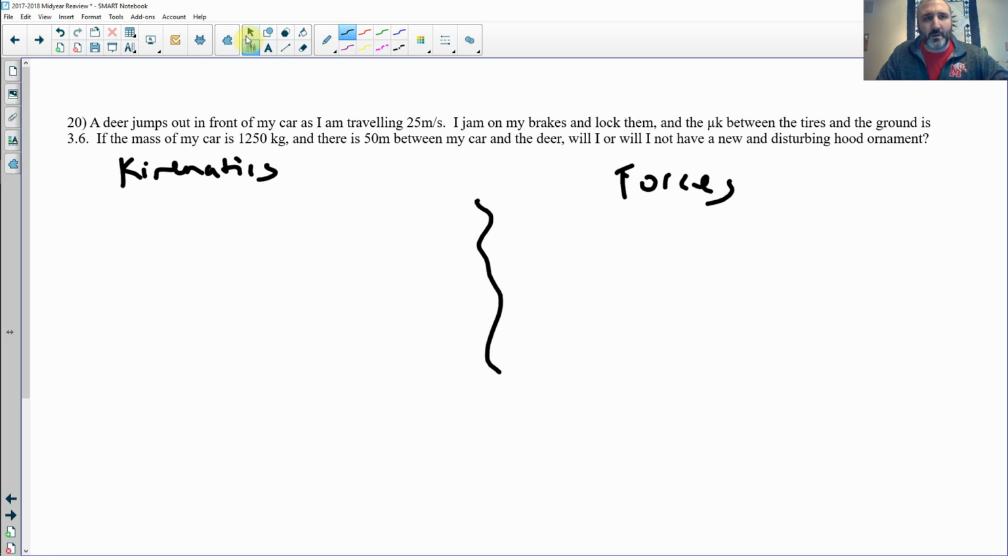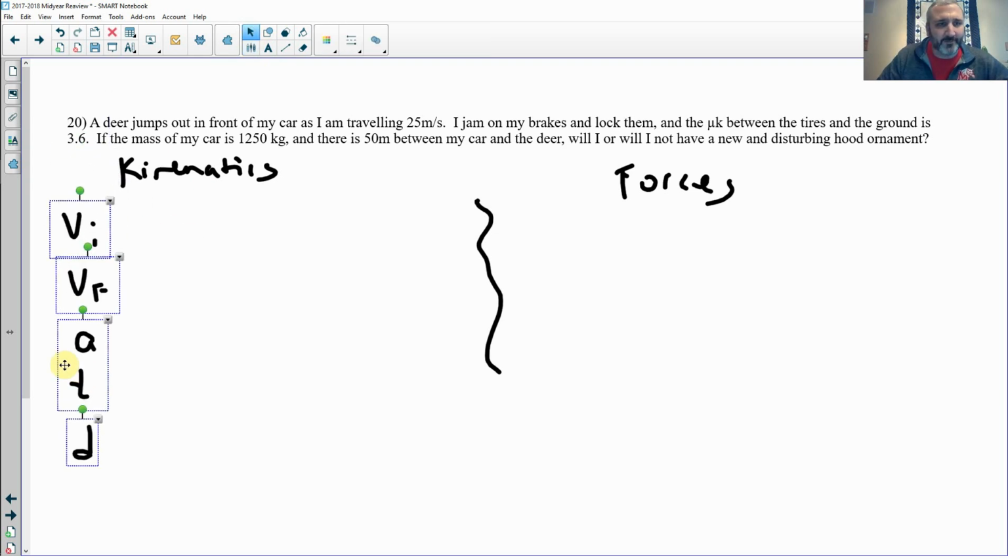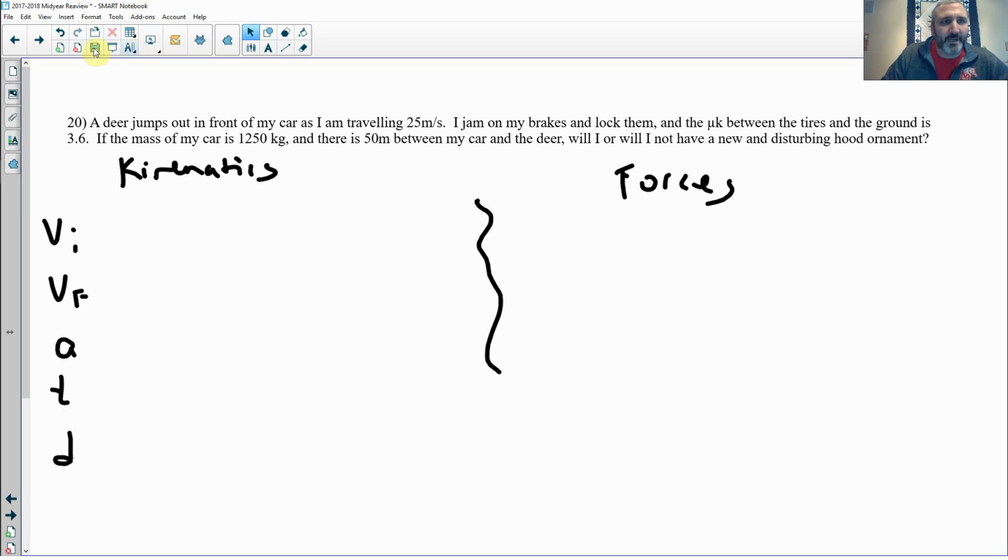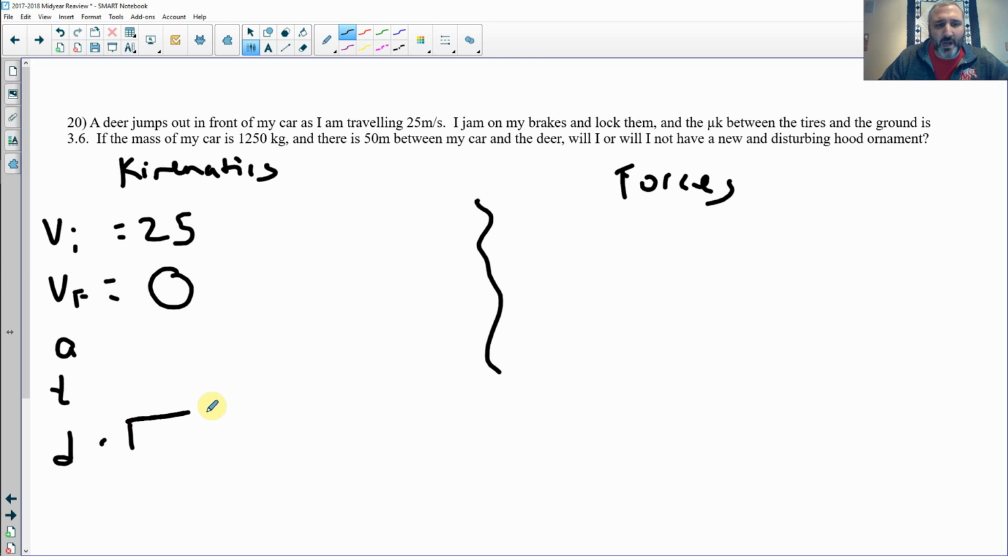So I'm going to set up my kinematics chart first and then sort of tell you what we have to figure out. My initial velocity is 25. My final velocity, we hope, is 0. I know that there's 50 meters between me and the deer, but I want to know how far it takes me to stop. And what's going to stop me? An acceleration that I have to figure out.